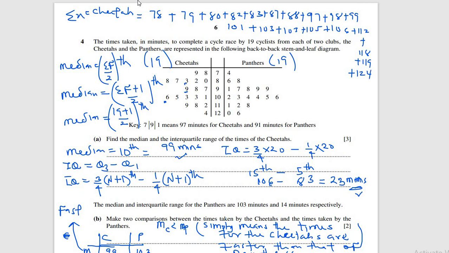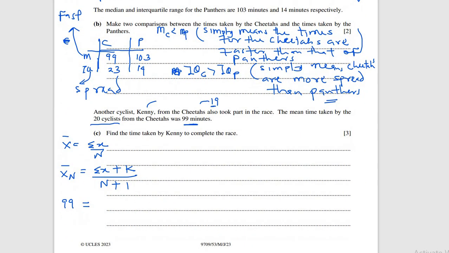When you add them together, I think I have 1862. So summation x is 1862 plus Kenny that was added, and n plus 1 is 19 plus 1, 20.